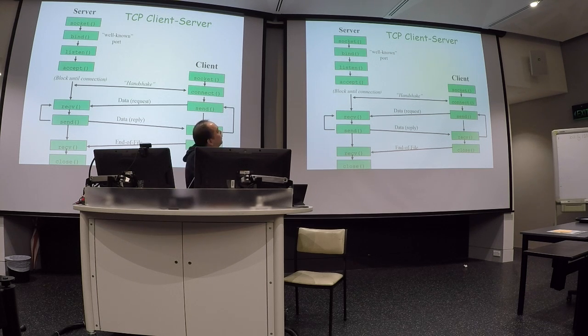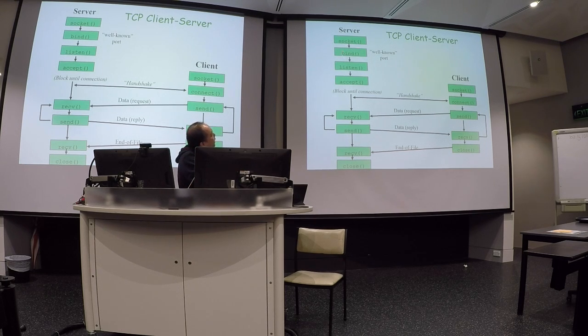So this function, if it is successful, will give you a descriptor of a socket that you can access. So once you have created a socket, at the server side, the next function you need to call is the bind function, so that we can bind this socket to a specific socket address. So that's why after this function, the socket has an address. Before this function, the socket doesn't have any address.